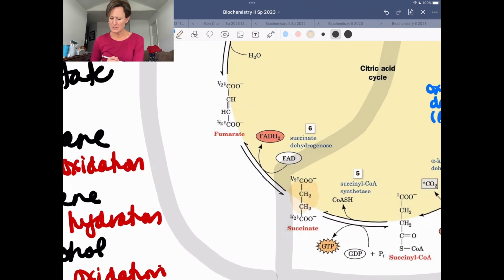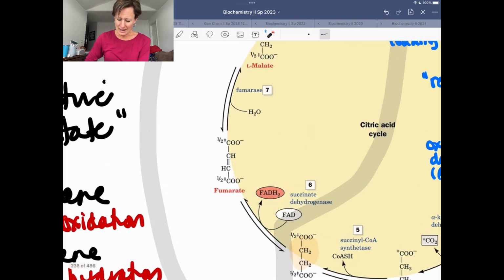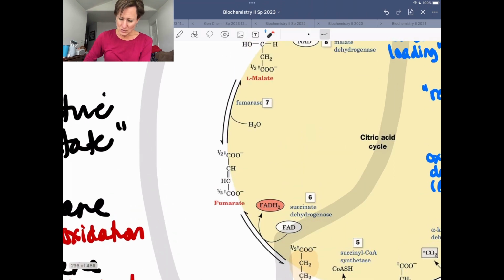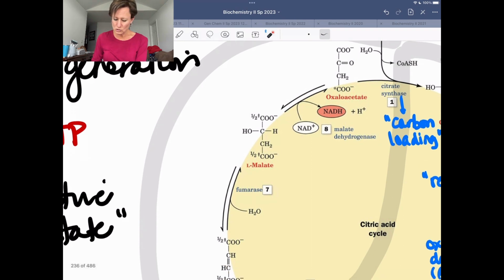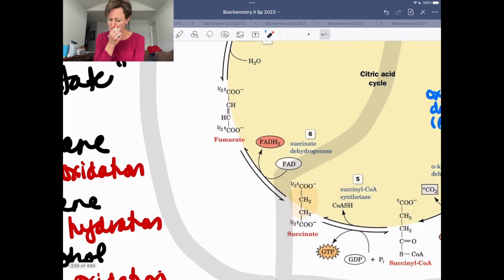So we've got an alkane that we oxidize to an alkene, then an alkene that we hydrate to an alcohol, then an alcohol that we oxidize to a ketone. So that's those 3 steps, but let's talk about the details, anything that's unique that we have here.